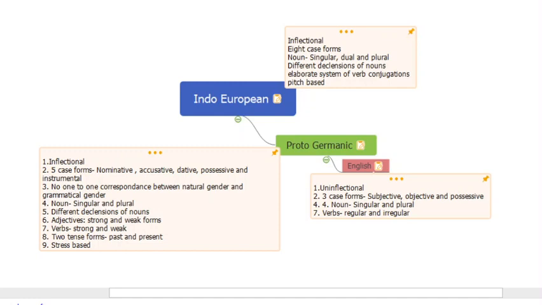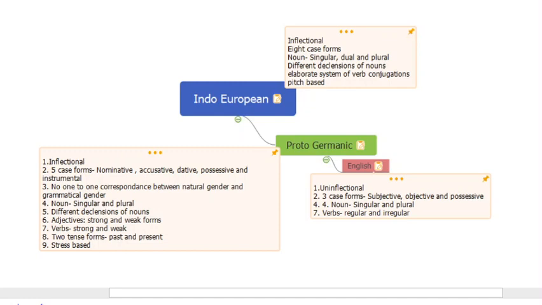The 5 case forms of Proto-Germanic languages are nominative case, accusative case, dative case, possessive case, and instrumental case. However, we are not going to get into the details of each of these subsections.